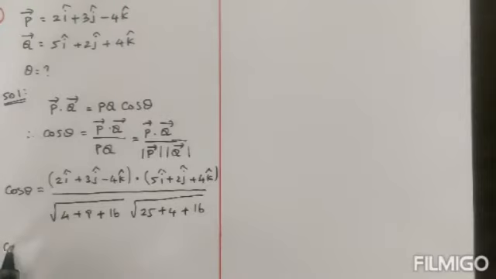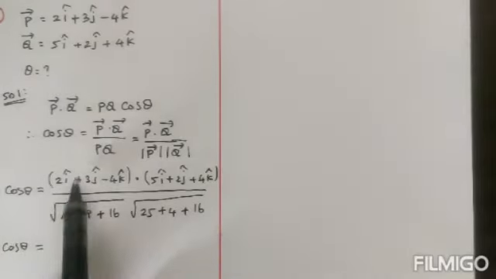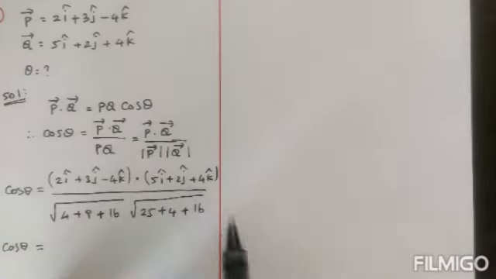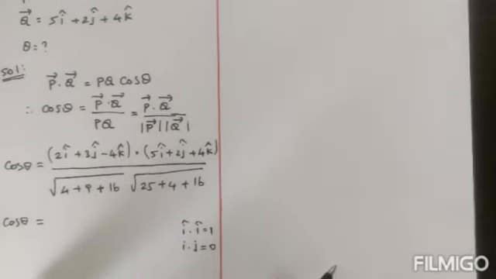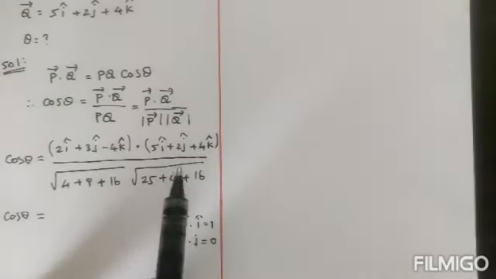Now cos theta is equal to, it's a dot product, so directly you can multiply. I dot I is equal to 1, J dot J is equal to 1, K dot K is equal to 1, and I dot J is equal to 0. So we can multiply the same type of vectors alone.